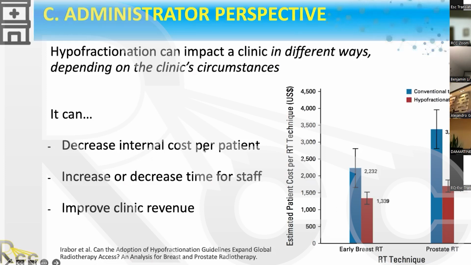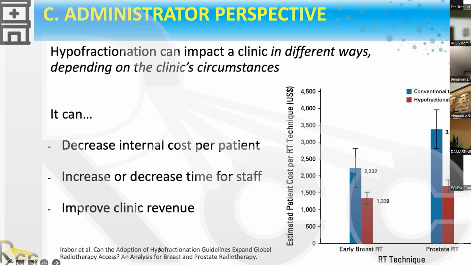It could decrease the internal cost per patient, or it could increase or decrease the time for staff. This is a very important point because we have to think about whether I have enough staff for hypofractionation, and it can also improve the clinic's revenues.